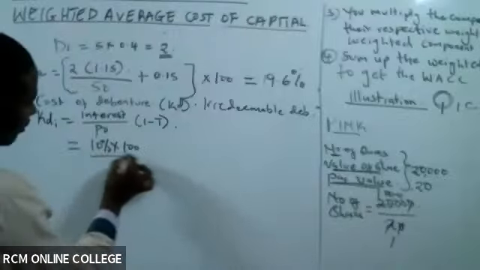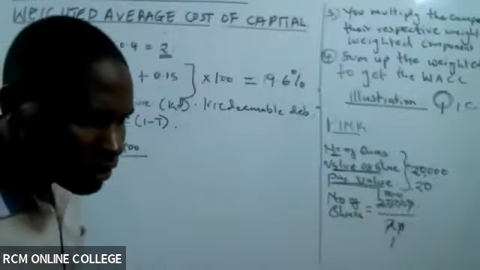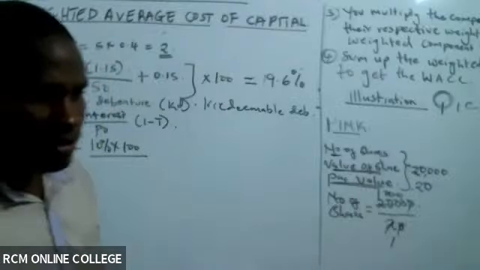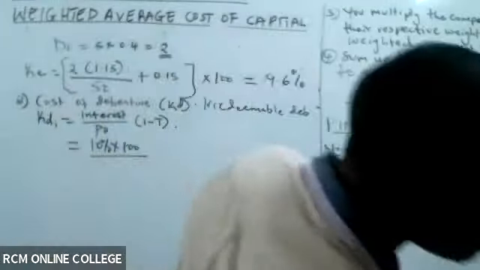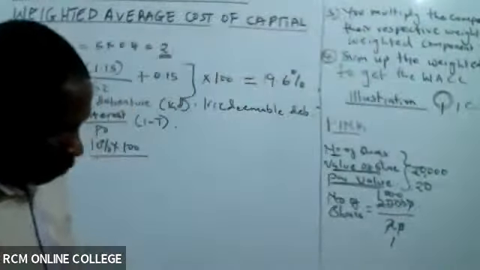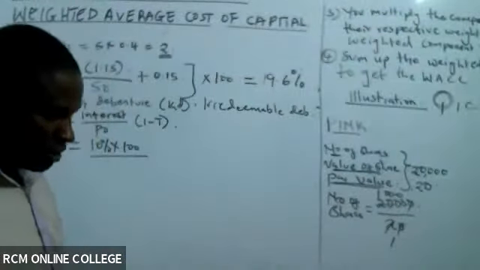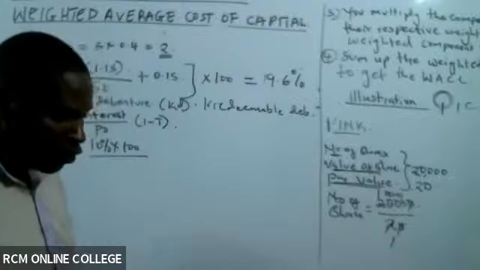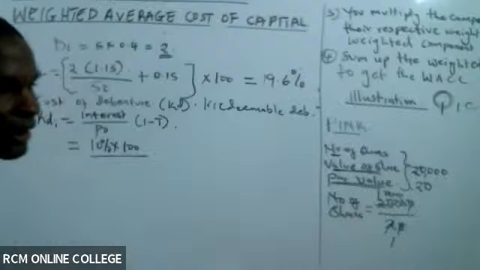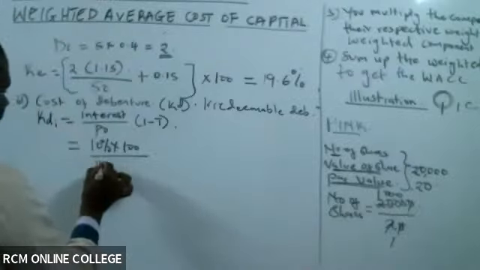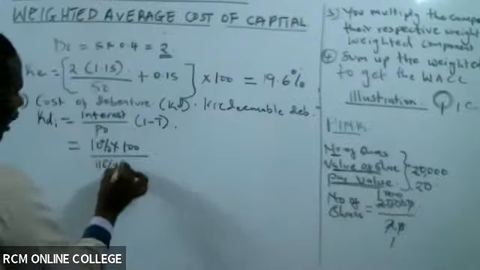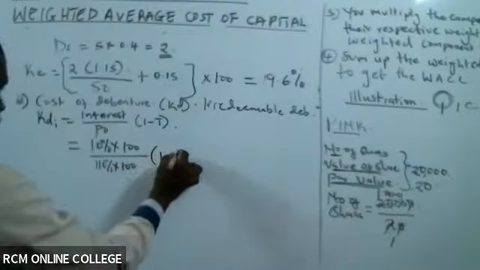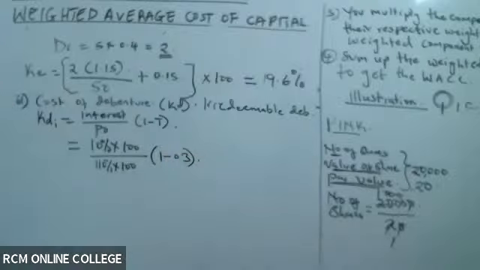Then we are told in the additional information that P0 is the same as market value. Terry asked a good question there. Yes, that is the market value, and we are told it is 110% of par. So it will be 110, and then we adjust by 1 minus 0.3.